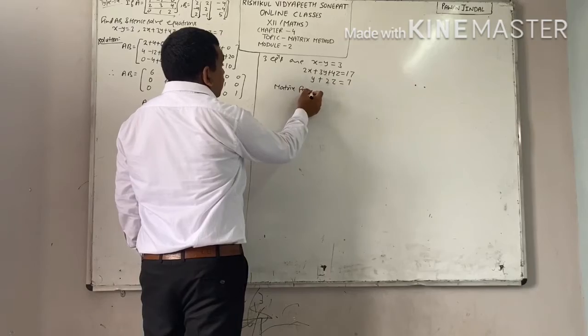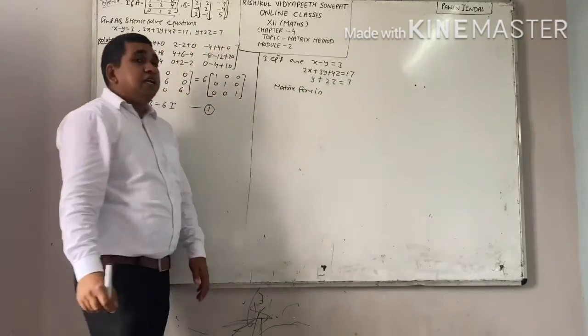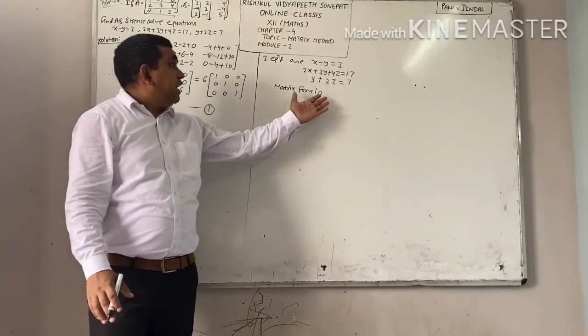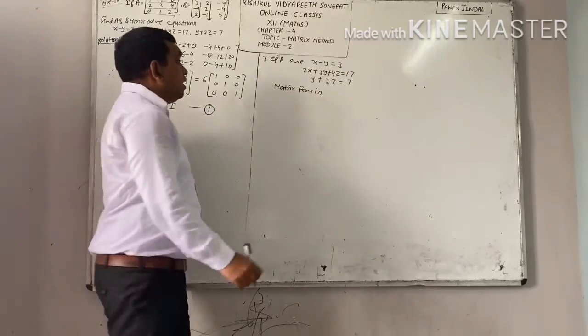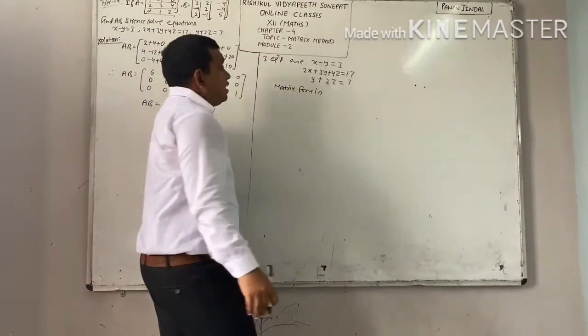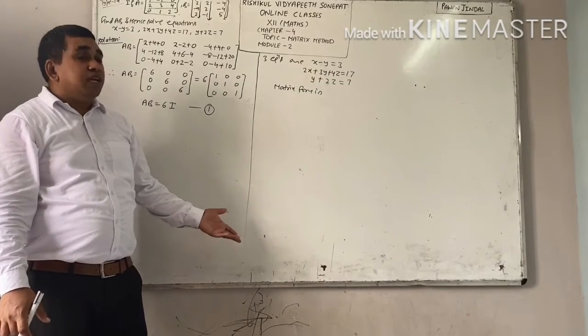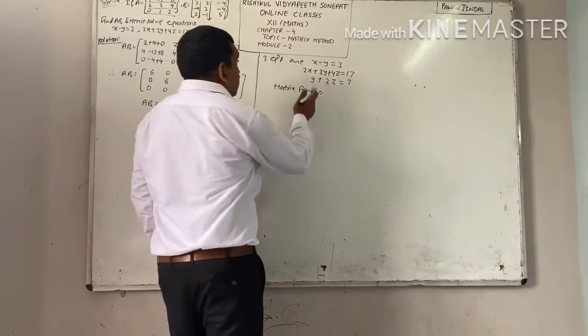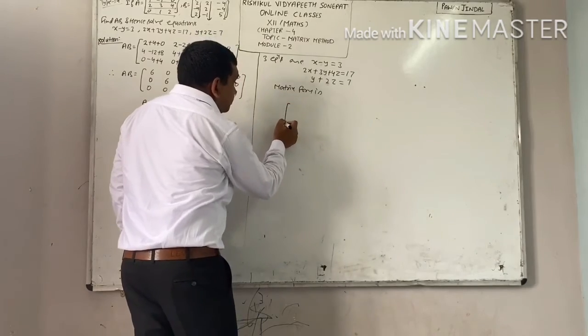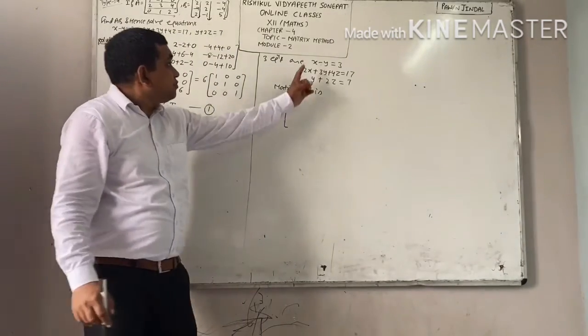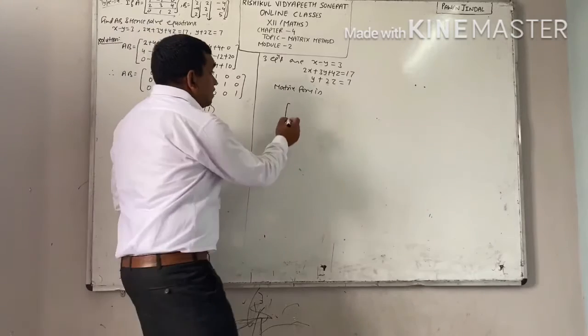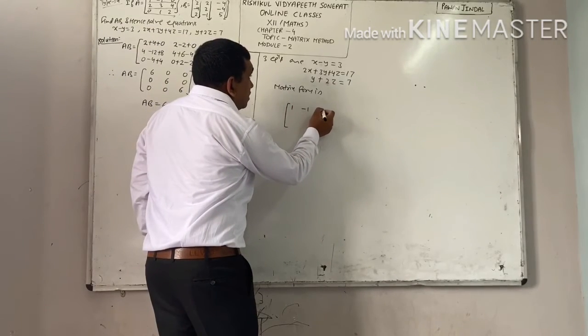Matrix form is, generally we write down matrix form as Ax equal to B, but here I am not defining, I am not giving the names whether it is A, B or AC. We will take it later. First of all, write down the coefficient. Coefficient of x, y, z are 1, minus 1, 0.